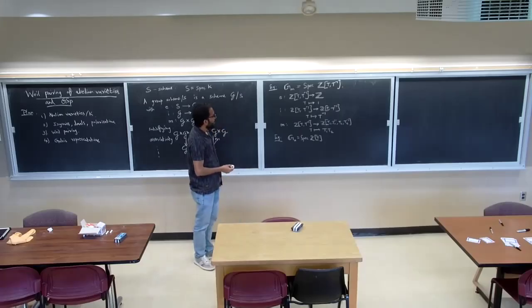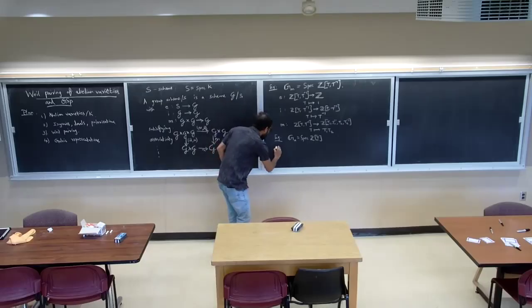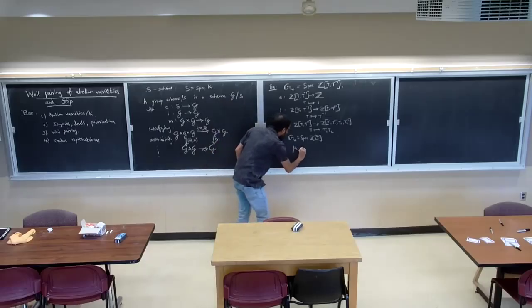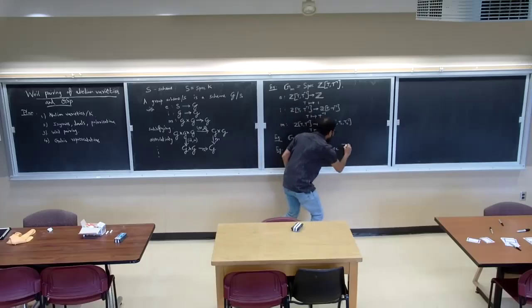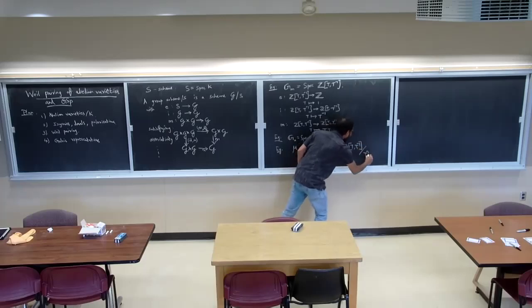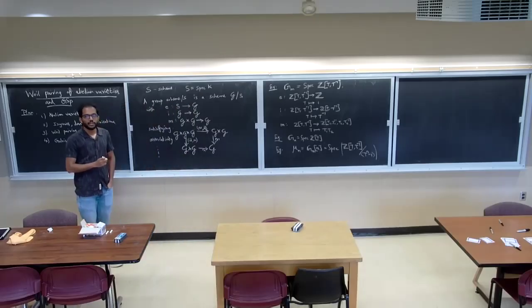We will also be interested in finite group schemes of the form mu_n. So mu_n is simply the n-torsion subgroup scheme of G_m.